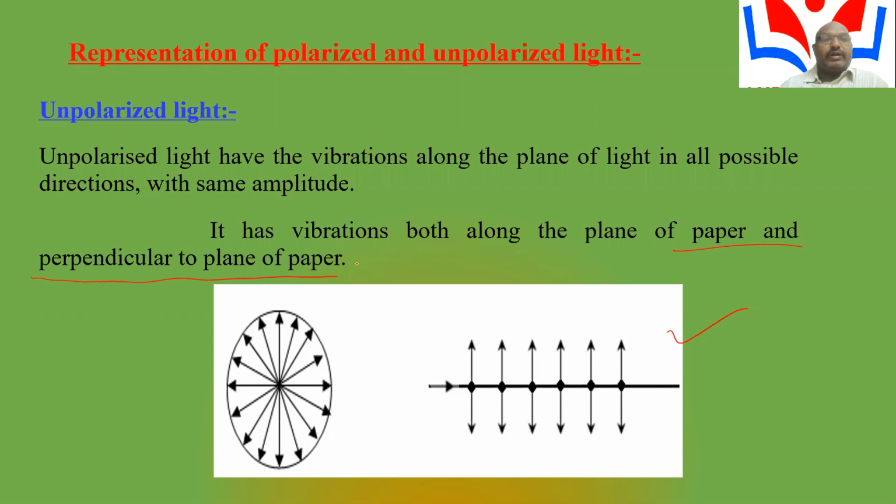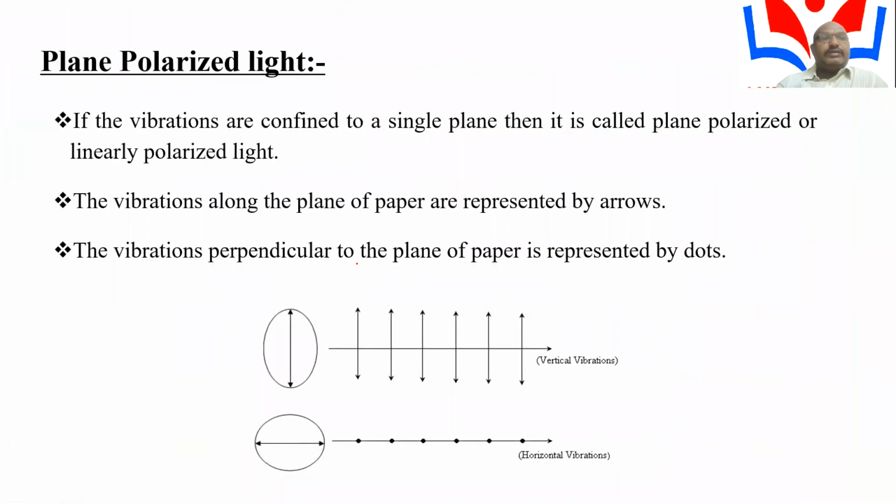That is called unpolarized light. If the vibrations are confined to a single plane, then it is called plane polarized or linearly polarized light. The vibrations along the plane of the paper are represented by arrows.